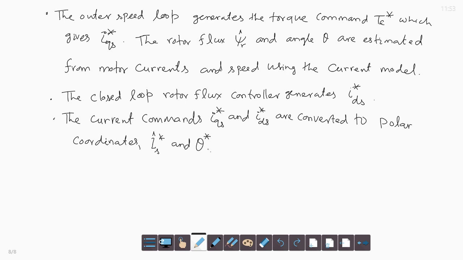How is it converted? Using the relationship IS hat star equals the square root of IDS star square plus IQS star square, and theta star equals tan inverse of IQS star divided by IDS star.